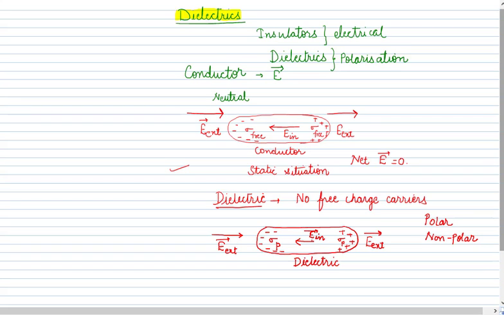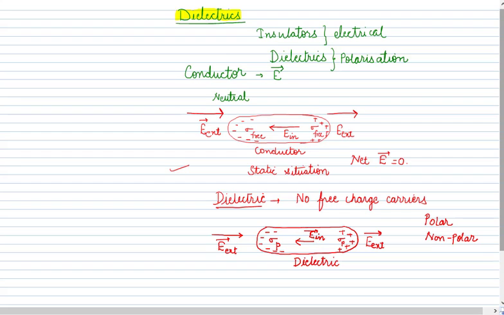So what we say is that when a dielectric is kept in an external electric field, it induces a dipole moment by a reorientation of the molecules of the dielectric. Here you can see that we have represented the reorientation of the molecules of the dielectric and the collective effect of the molecular dipole moments. We are having a type of dipoles here.